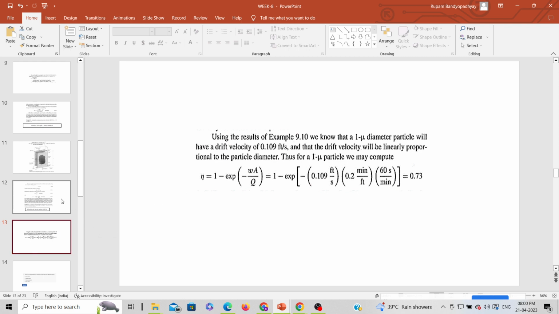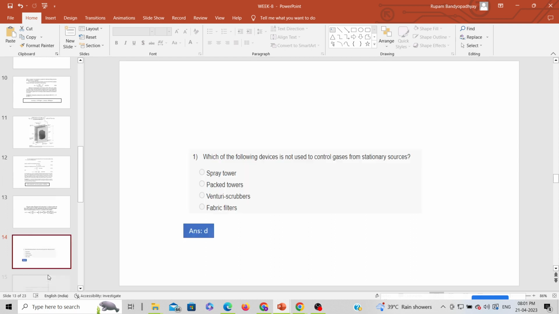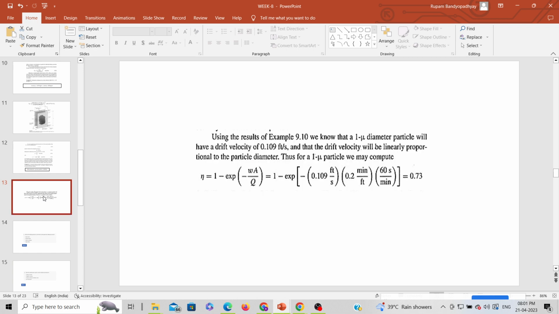For previous problems, if you take the drift velocity of this, then you will get the answer. So we have already solved several problems on electrostatic precipitators.